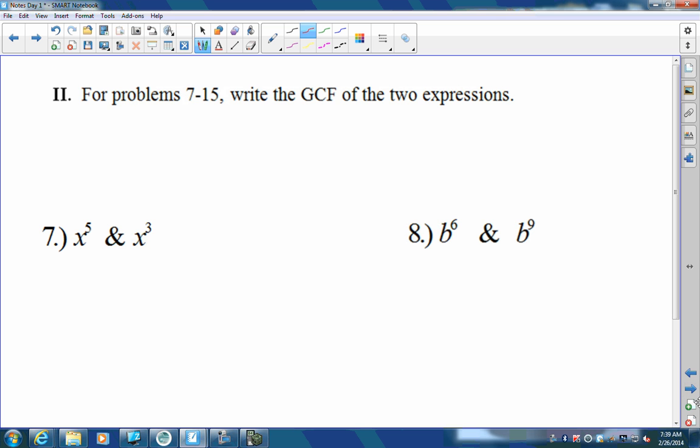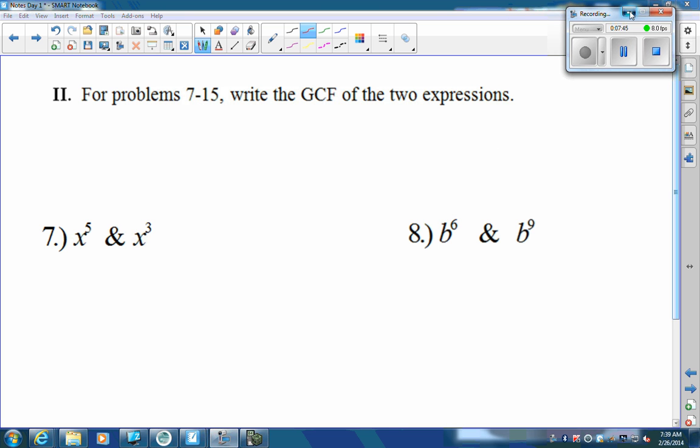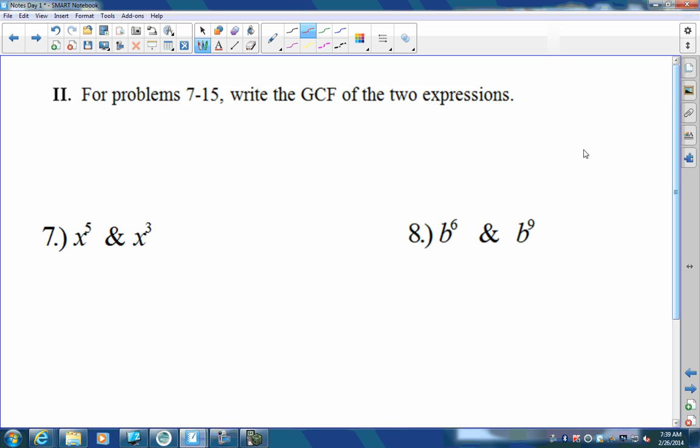Let's look at these. Now, on this, let's look at this. When we have letters, it's asking you for the GCF of just these letters. X to the 5th, what it means is 1, 2, 3, 4, 5. That means there's 5 of them.